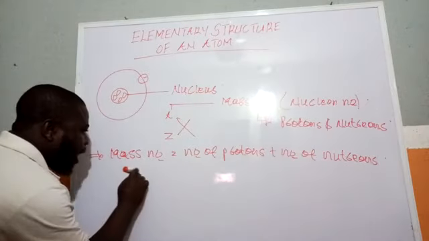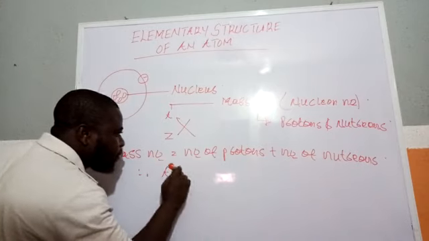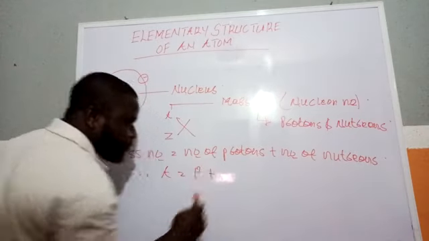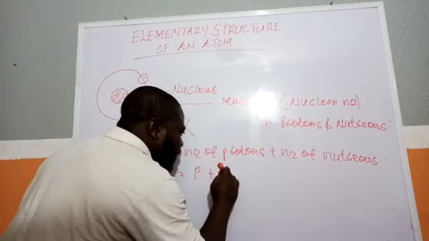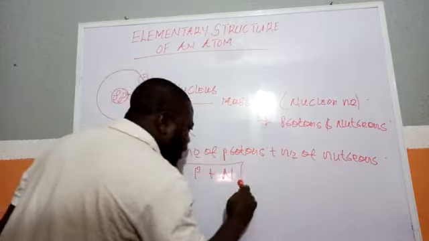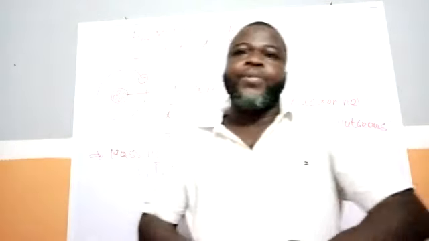So you can have mass number, that is A, equal to number of protons, that is capital letter P, plus number of neutrons, that is capital letter N. So this is what you need to recall at any point in time: A equals P plus N.